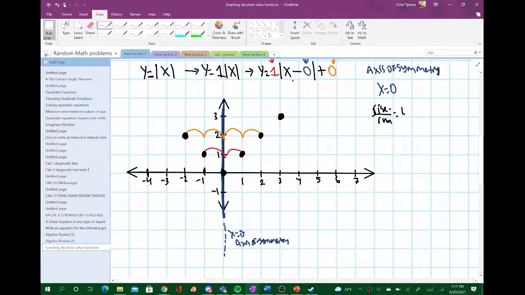I'm gonna go 1, 2, 3, and then again 1, 2, 3. So I'm gonna end up right here, okay? And you see how it gives us the exact same graph as it did when we did the table form. So there are different ways in which you can do this.